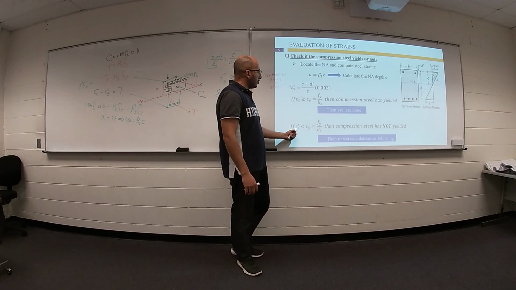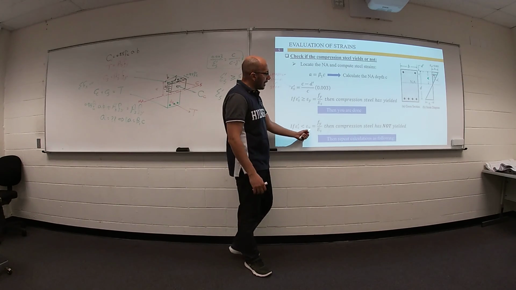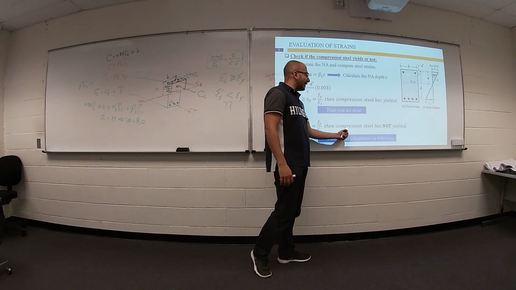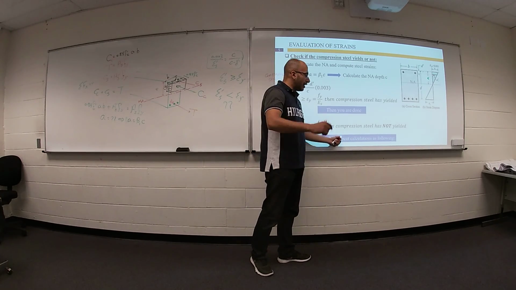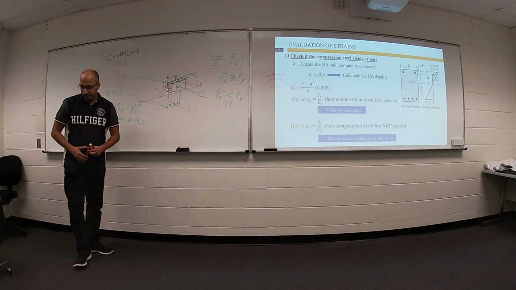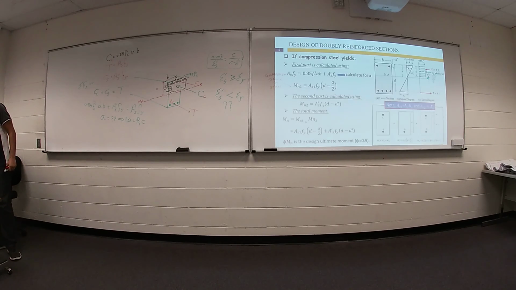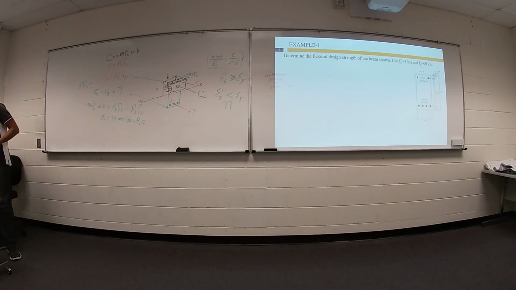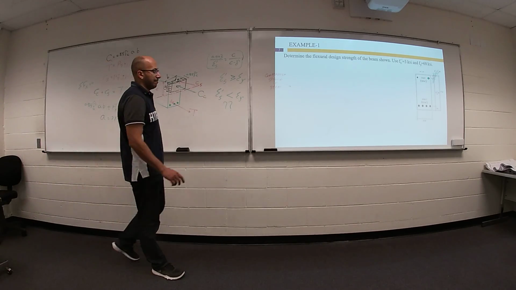But if epsilon steel prime is smaller than epsilon yield, then the compression steel reinforcement has not yielded, then repeat your calculation as follows. Let's do this example first and see what will happen.